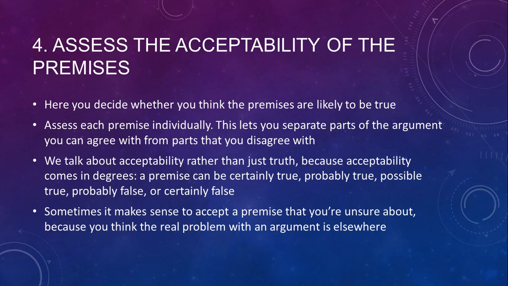So acceptability is just how likely you think it is to be true given the stakes on the table. And acceptability is a property of individual premises. This is important. Don't tell me that the whole set of premises is acceptable. Tell me about the acceptability of each individual premise. This is part of teasing out the difference between truth and validity.